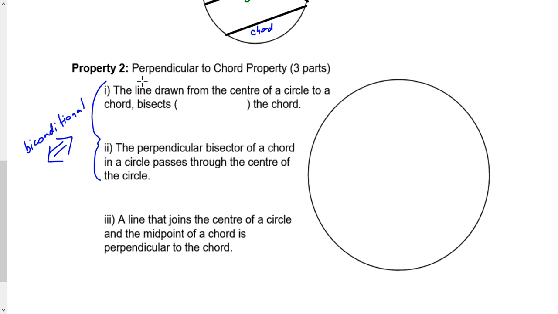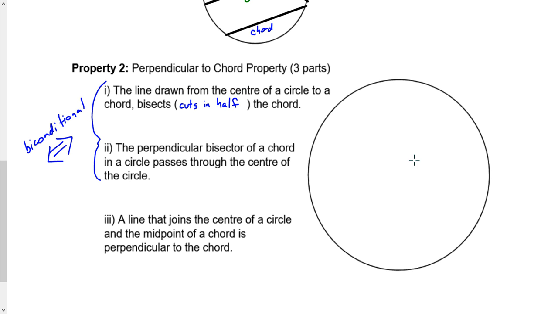So here's the thing. A line drawn from the center of a circle to a chord bisects the chord. First off, I didn't want to put an extra definition in because bisect is such a small definition. But bisect just means it cuts it in half.